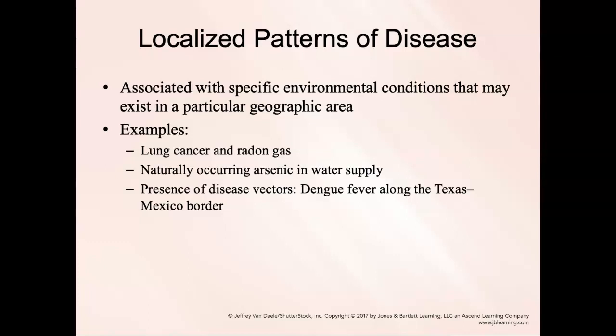So we tend to see dengue fever cases along the Texas-Mexico border. My doctoral work was done in Arizona, and in Arizona, we tend to see that Native American populations are often exposed to cancer-causing agents in very localized areas of the state for various reasons, but a lot of that has to do with the mining that's been done in those areas.